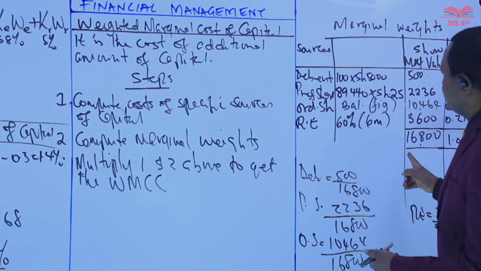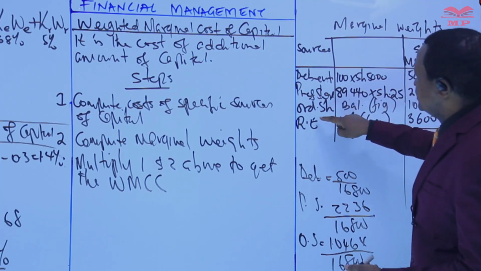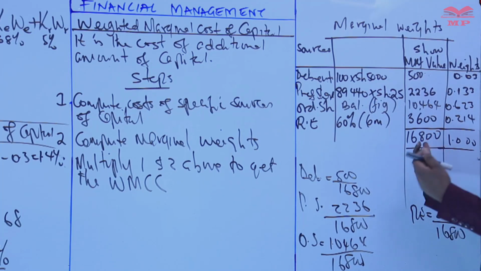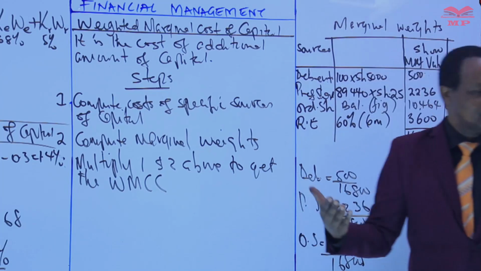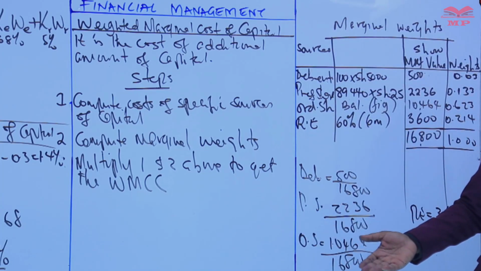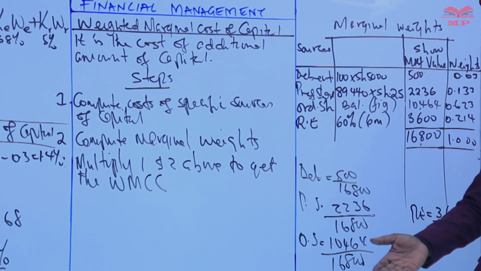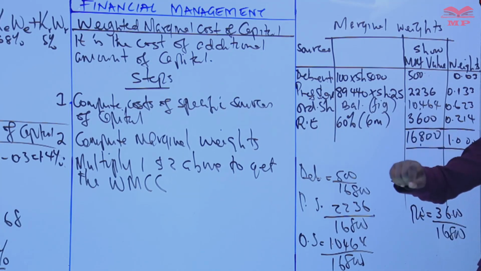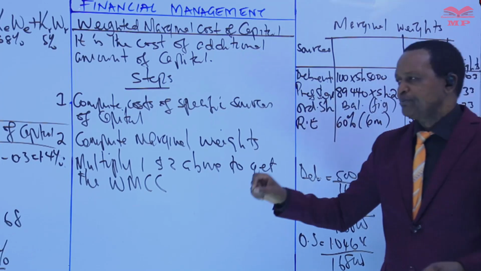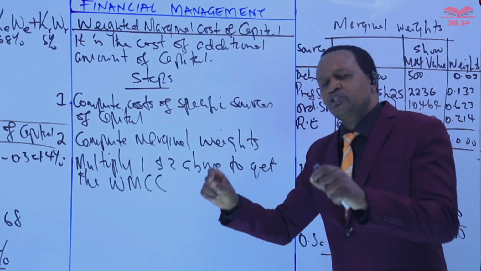This company is going to raise this 6.8 million from debentures, preference shares, ordinary shares, and retained earnings. This is additional capital. Already we have the capital structure, as we read at the top that the following data show the capital structure of SAMA. That is the amount the company already has in its capital structure, but it now wants to invest in another, additional project.